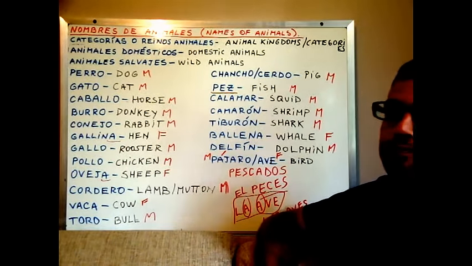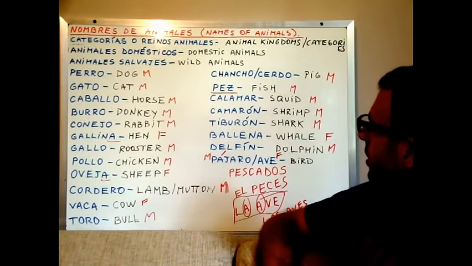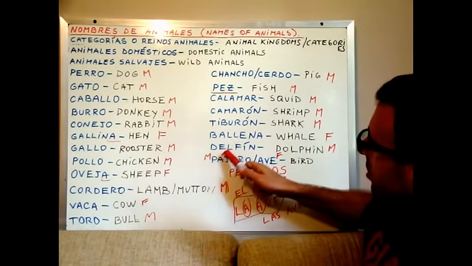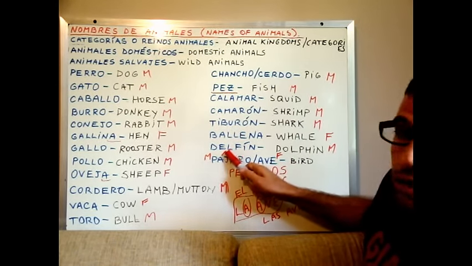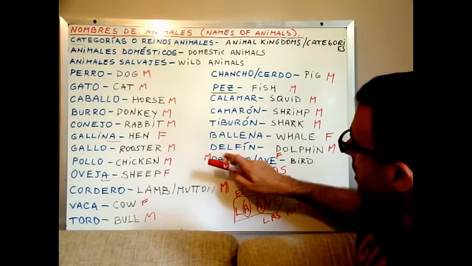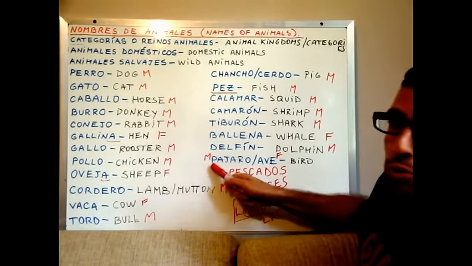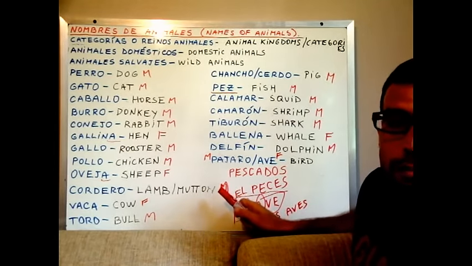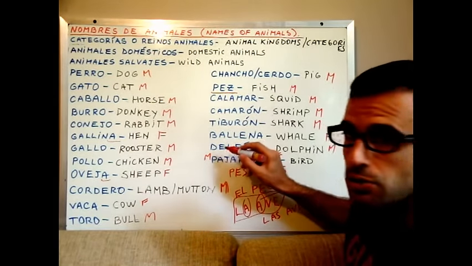The masculine article. Okay, here you see I had to add the tilde in pájaro. If I omit the tilde here, this would read pajaro, but this is actually pájaro.